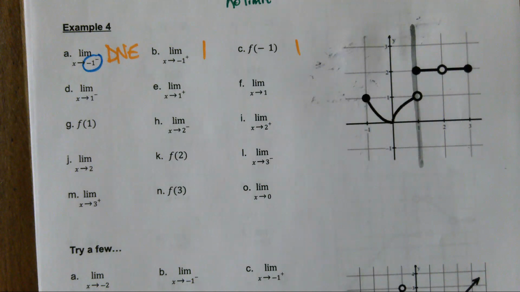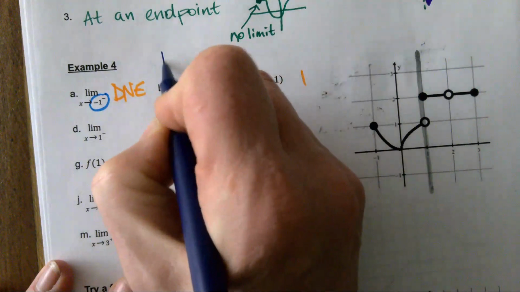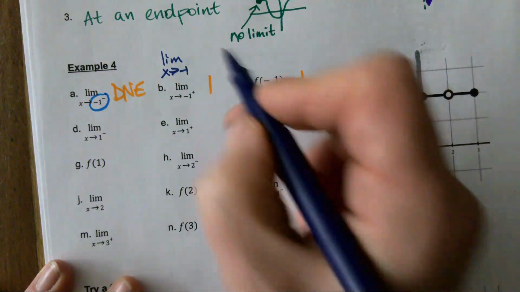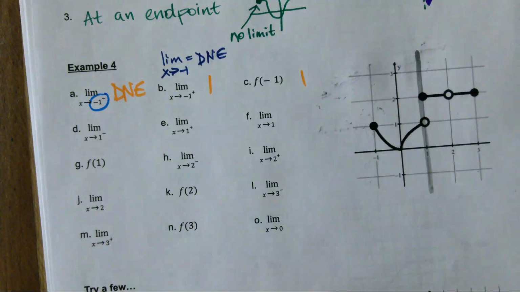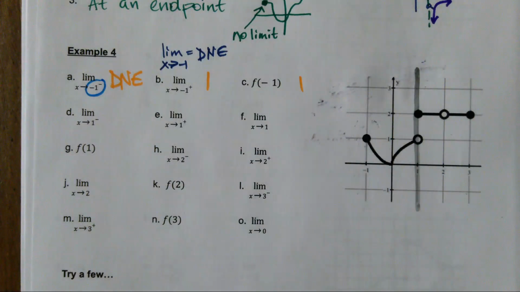If I asked you in general, what is the limit as x approaches -1, not from the left and not from the right, this would be does not exist. But this didn't ask limit, this asked value, and I need to separate those two. And that's why I sprinkle them in here and there on occasion, because they are two different questions, okay?